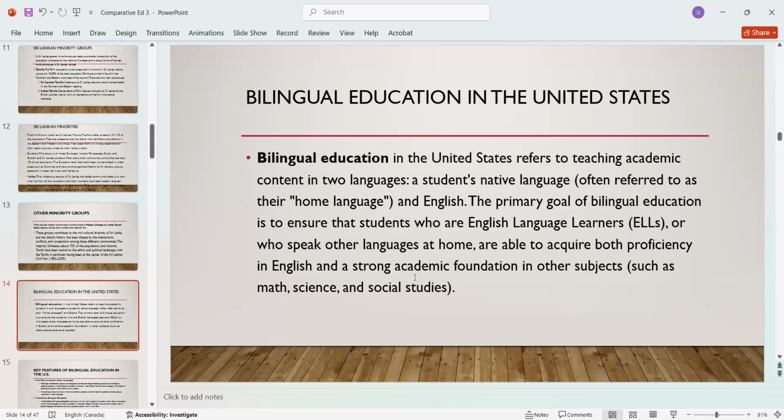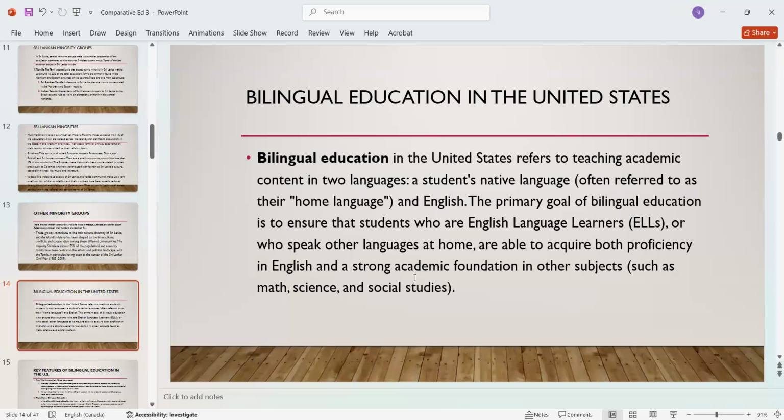Tamil students who are going to learn English, in that class they will use Tamil and English, right? So the students' native language, often referred to as their home language, and English, right?